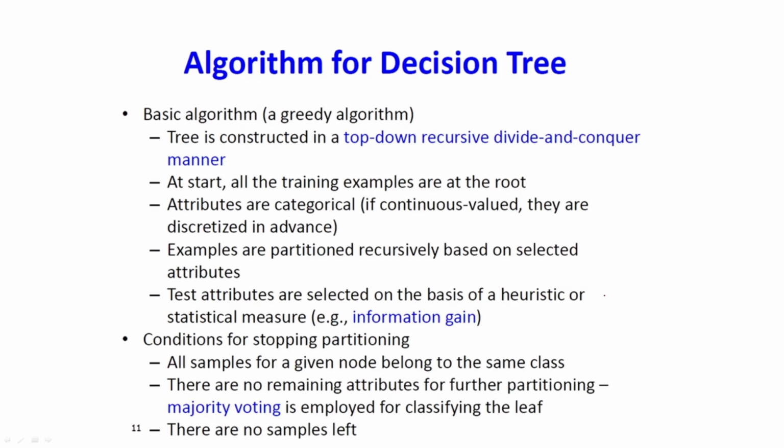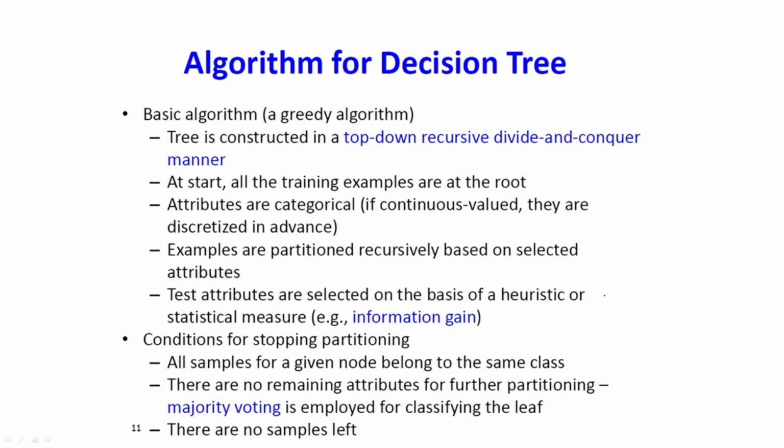The algorithm you use is basically known as a greedy algorithm. Basically we are dividing data based on certain rules. So, it always uses what is called a greedy approach, and the tree is constructed in a top-down recursive manner. What you do is divide and conquer. You divide the data into different parts.